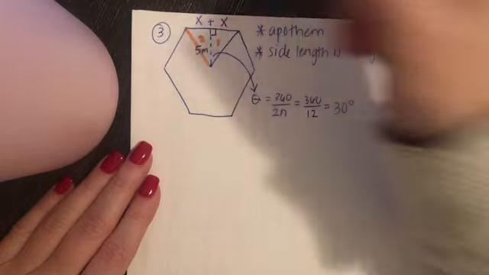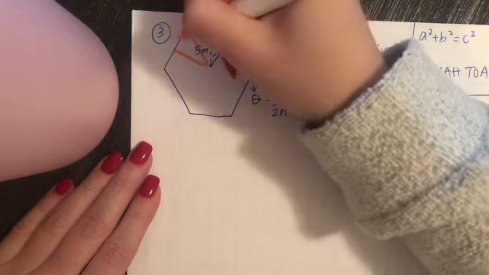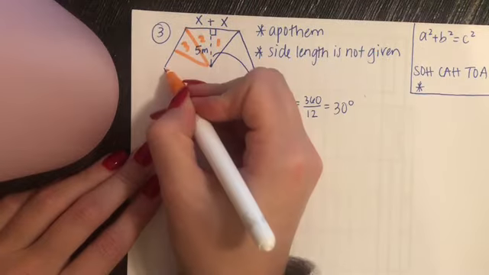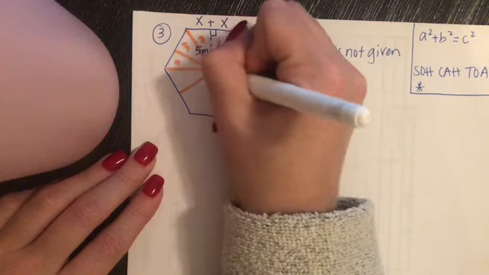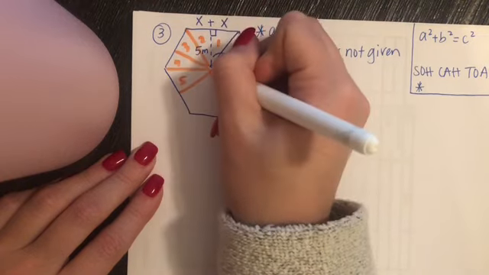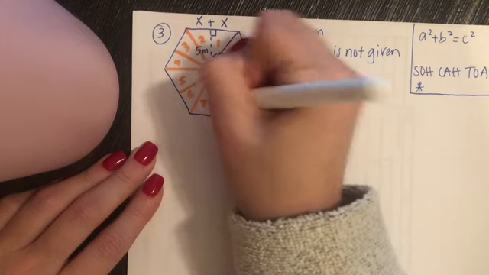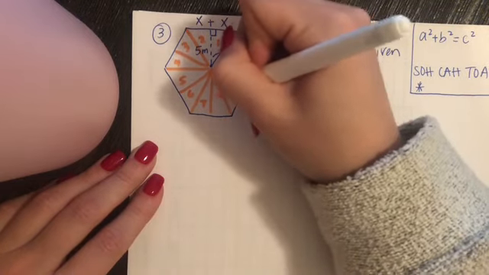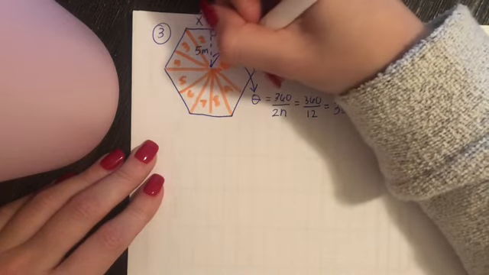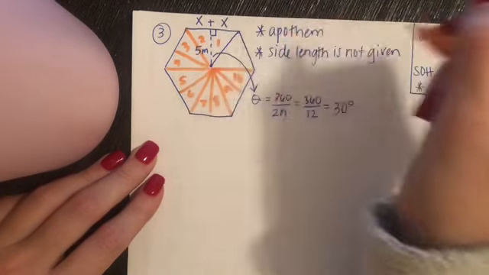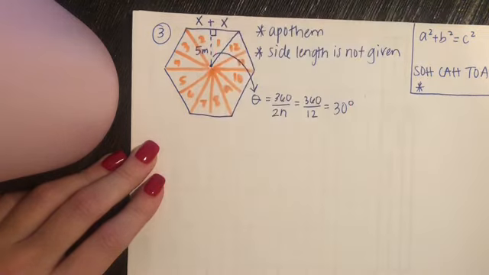That would be a second slice, third, fourth, fifth, sixth, seventh, eighth, ninth, 10th, 11, and 12.